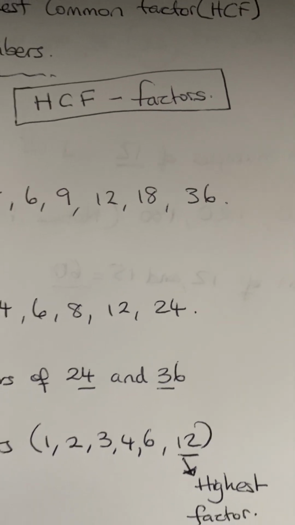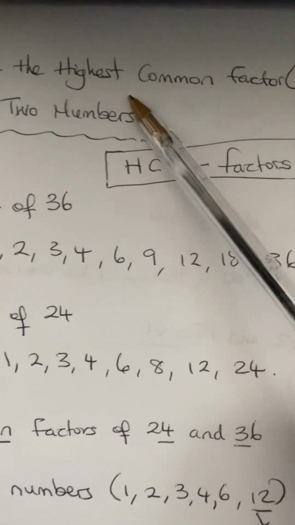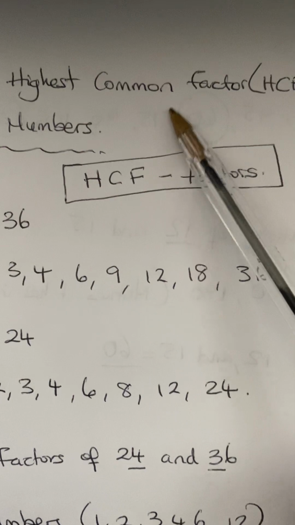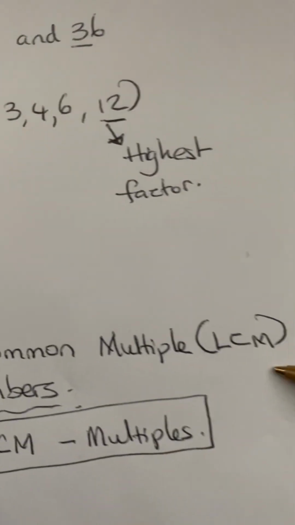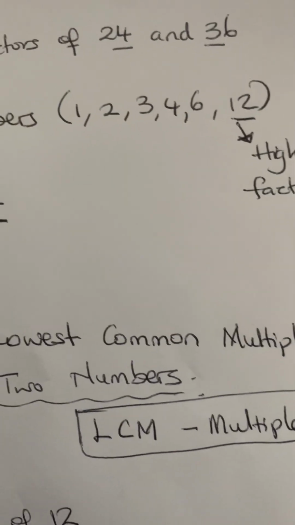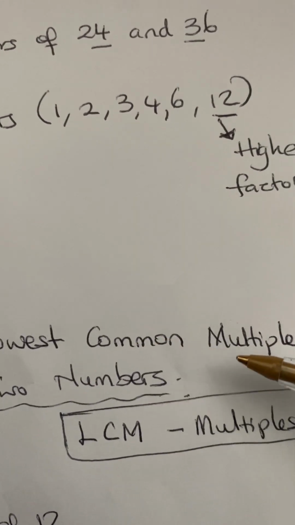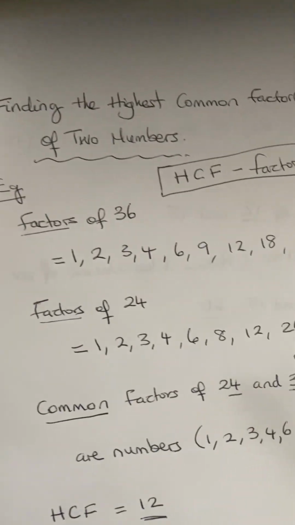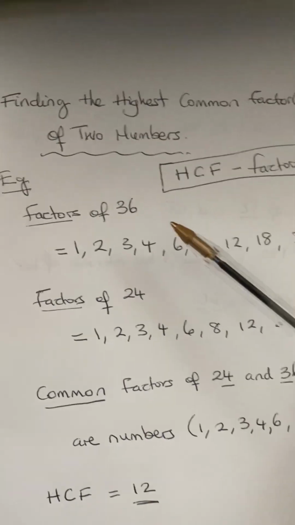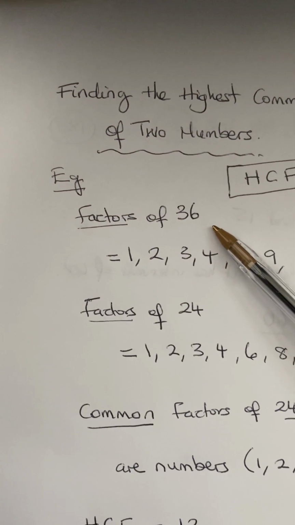HCF, which represents highest common factor, or LCM, which represents lowest common multiple. Now, an example here, okay?